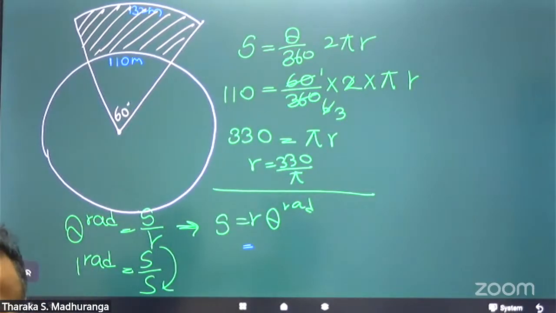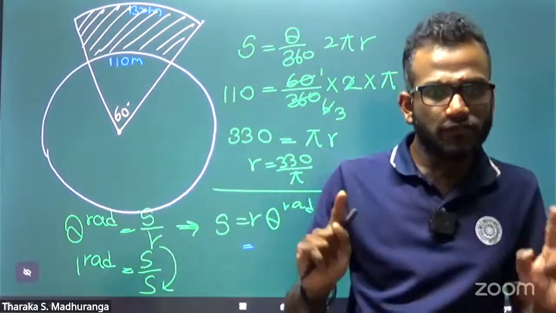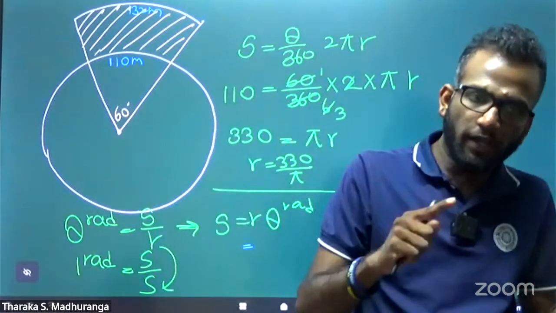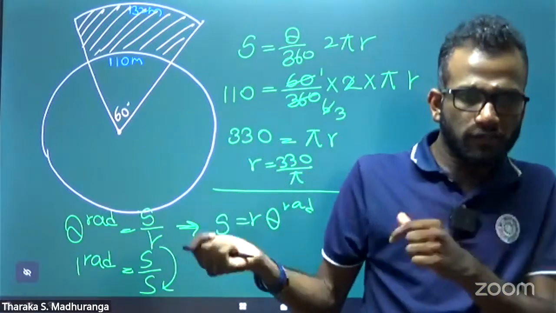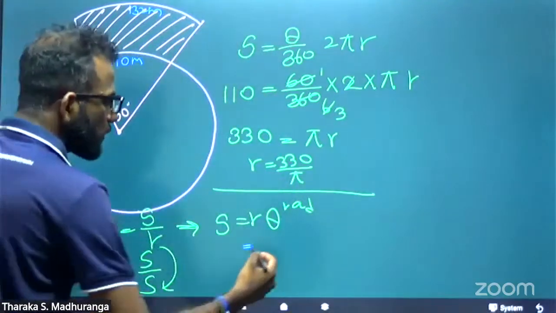Yes, pi over 3. Pi radians means 180 degrees, as we already discussed: 360 degrees equals 2 pi, then 180 degrees equals pi. 60 is 180 divided by 3, therefore it is pi over 3.